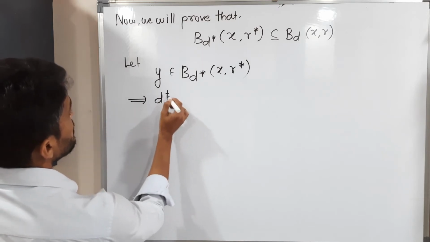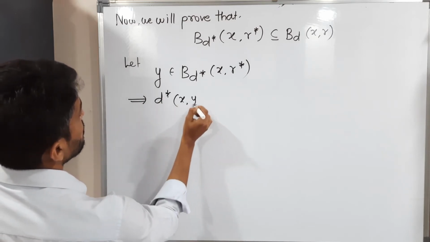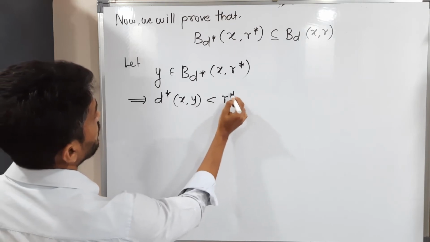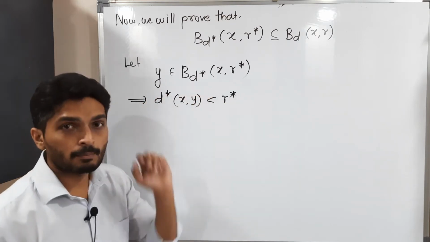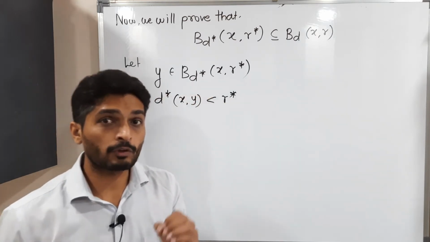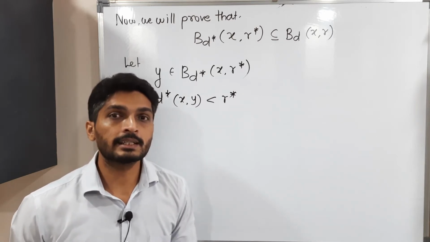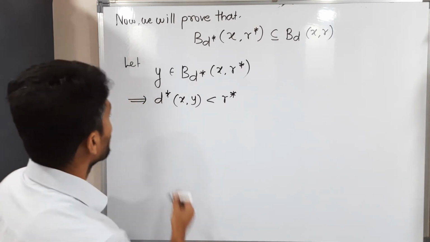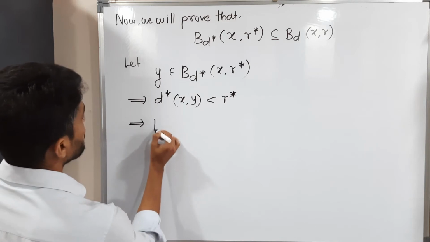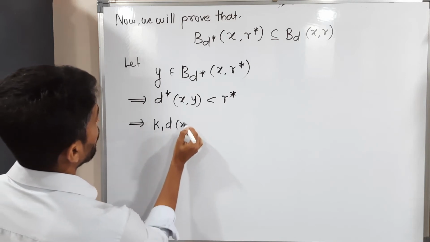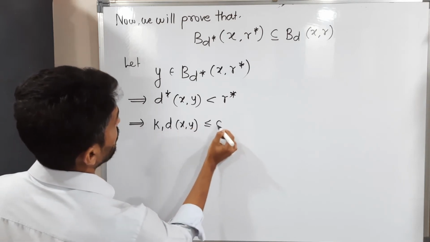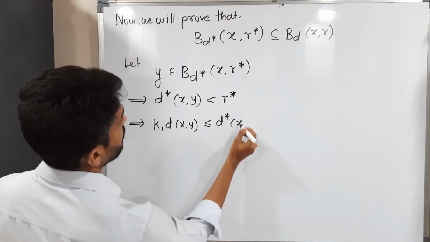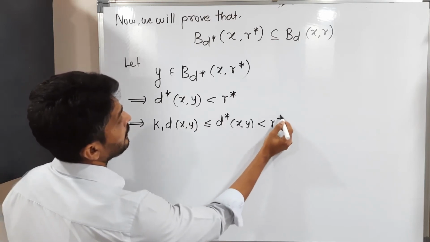That means the distance of x from y is less than r star. This point lies in a ball, so the distance of that point from the center is less than its radius. This implies K1 D of xy is less than or equal to D star of xy, which is less than r star.